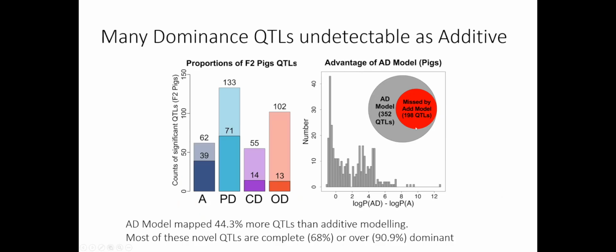And we can map a significant number of additional QTL by doing this, even though there's a penalty in degrees of freedom for the extra parameter, but on average you do better. Across all the three stocks, we mapped about 44% more QTLs than just doing a standard additive GWAS.